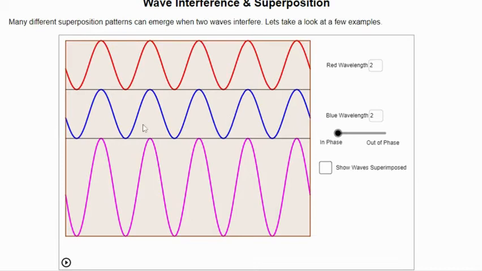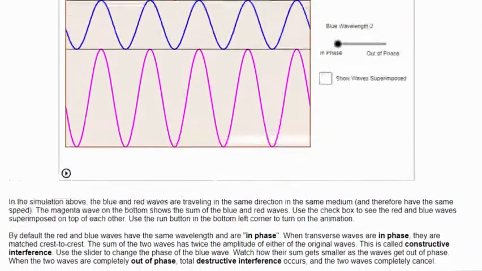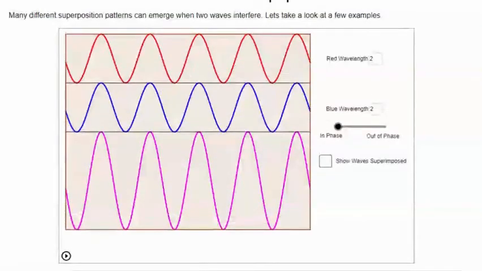And then this blue series of wave pulses, really also a periodic wave, is going to be moving in the other direction. So watch what happens when these two wave pulses moving in opposite directions start to interfere with each other. And what you have down here is the interference pattern.